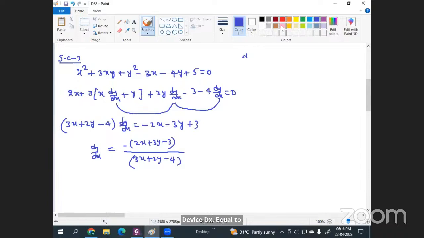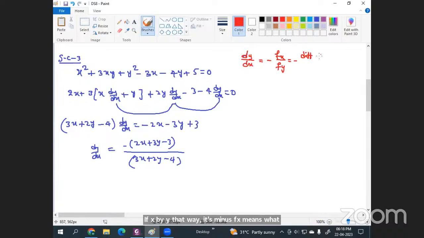Our formula is dy by dx equal to minus fx by fy.